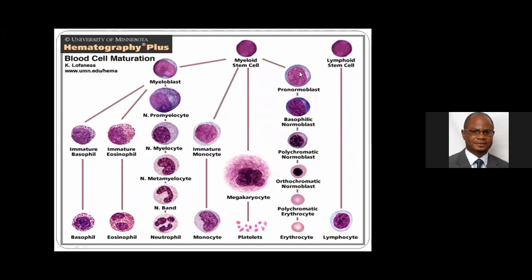Look at the erythrocyte. Also proerythroblast, basophilic erythroblast, all blast. Blast means young. And then by the time you get to polychromatic erythrocyte, which is the one with the reticulocyte stage, then the nucleus is gone, extruded.